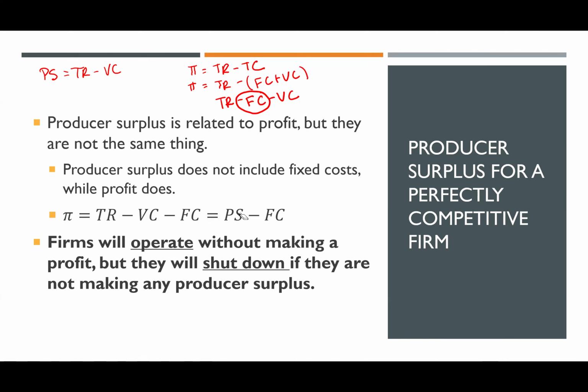That's that shutdown decision that we're seeing. They shut down if there's no producer surplus. We can transform our relationship between total revenue and variable cost by pulling out that quantity variable again, and that gets us that firm shutdown decision, right? That comparison between price and average variable cost.